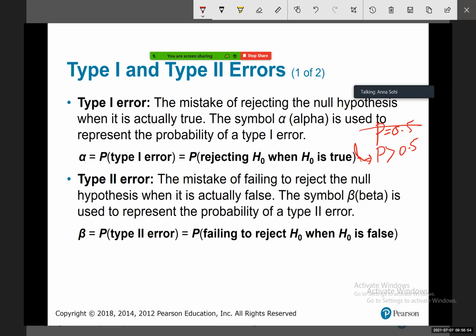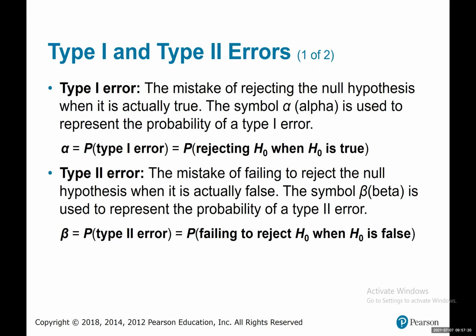Means half of the people were in favor of drone deliveries and not majority. So we made the conclusion that majority are in favor of drone deliveries. But then what if we made a mistake? That's type 1 error. When you reject a null and support the alternative where you should not be rejecting the null.